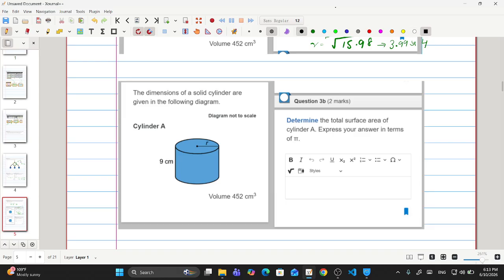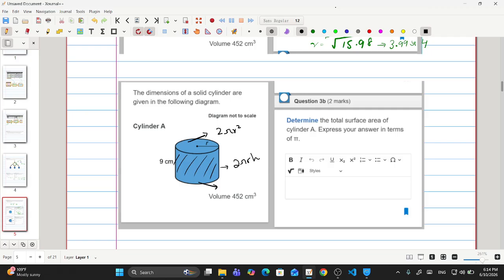Look, here we have two circles, right? We know that the area of a circle is simply pi r square. But since there are two circles, we'll write it as 2 pi r square, right? Because there are two circles. The formula for the area of the curved part only, so this part only, is 2 pi r h.